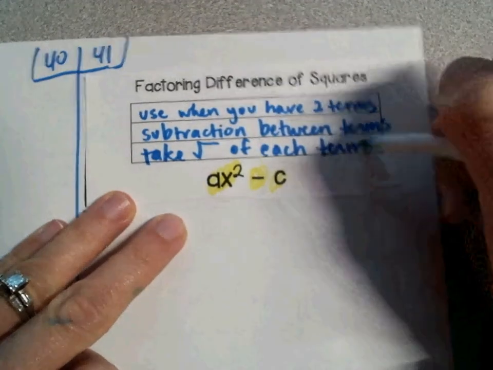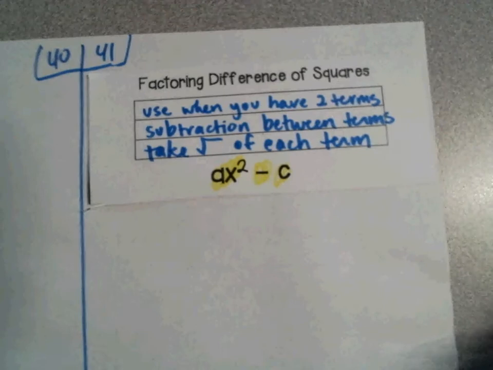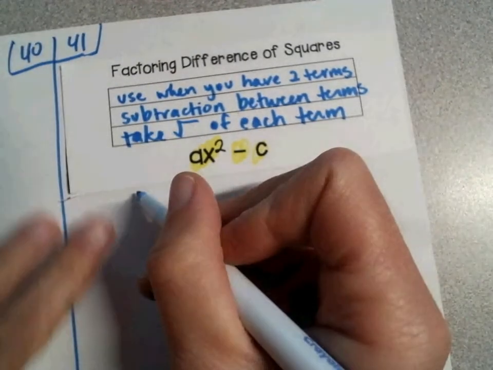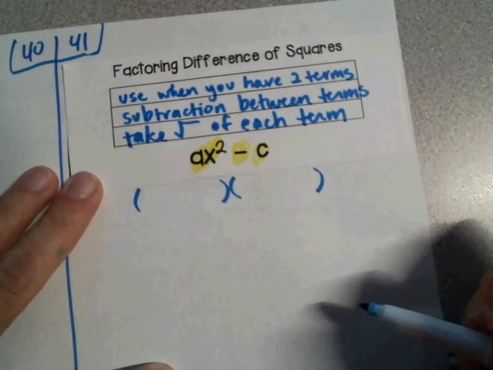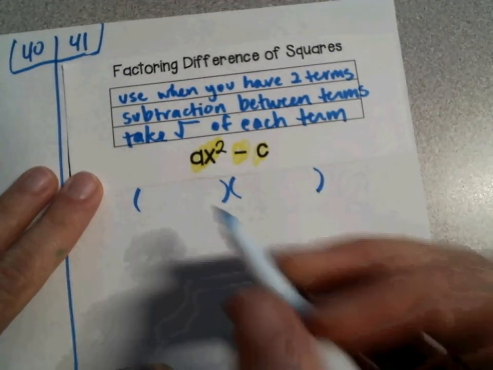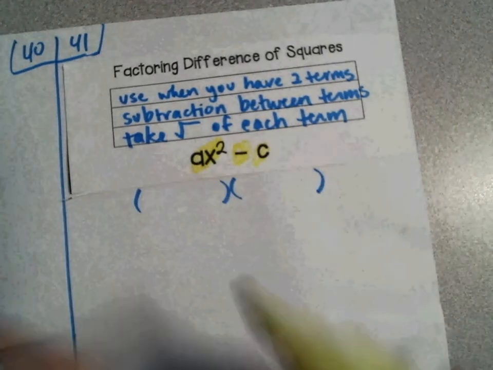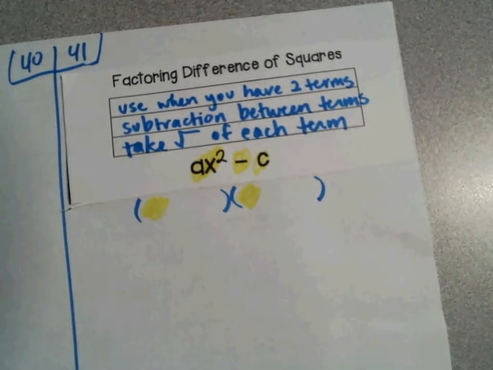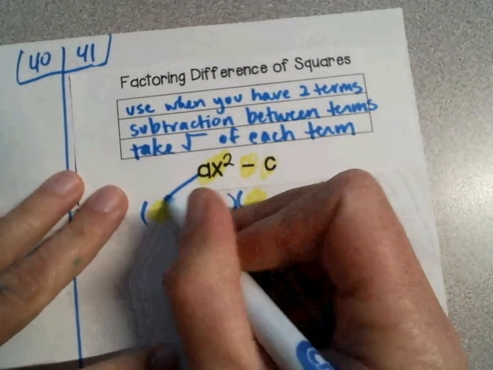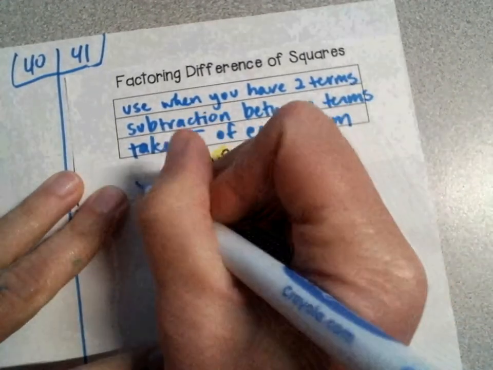Okay, and then when you do this process, you're going to end up with one set of parentheses, two sets, sorry, and the square root of the first term is going to come in each set. So right here and right here is going to be the square root of ax squared.